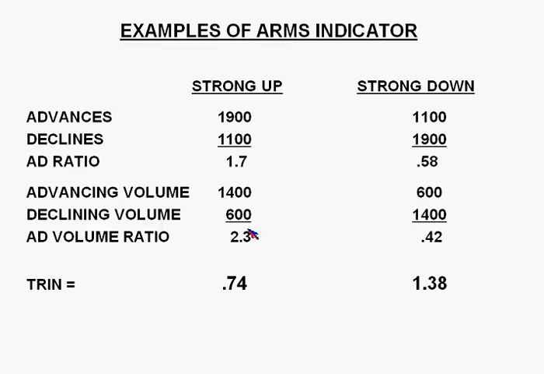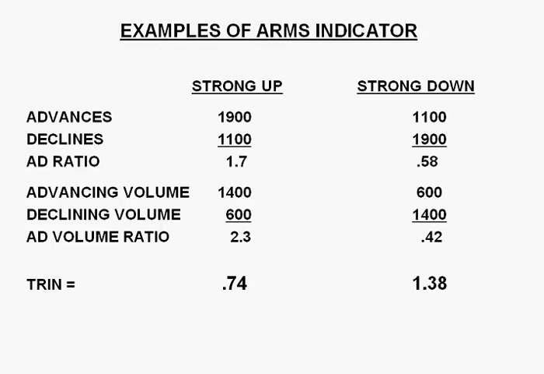So in this little example, you came up with 1.4 billion divided by 600 million equals 2.3. So what you do is you divide the 1.7 that we figured the first way, that's the advancers to the decliners, and you divide it by the volume of the advancers to the decliners, which was, the ratio there turned out to be 2.3. So 1.7 divided by 2.3 is 0.74.